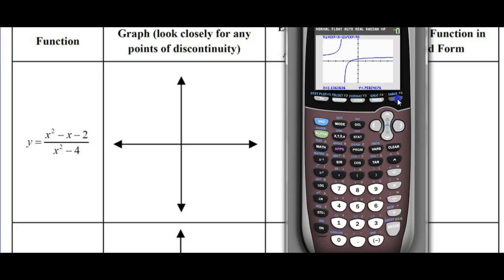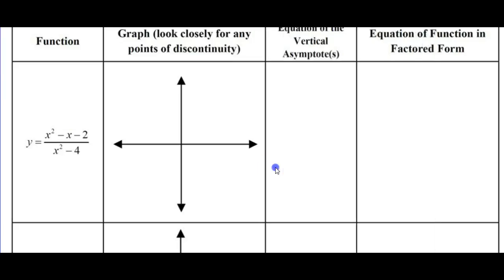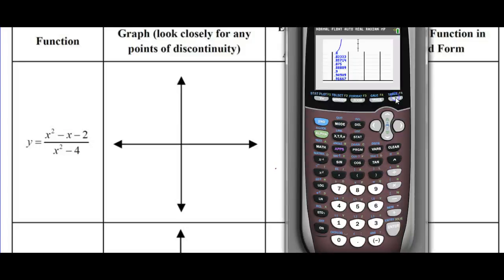If I go into the table, we are going to see that at 2 it says error. The calculator with the fancy tech, whatever. If we draw the graph though, go back to the graph.